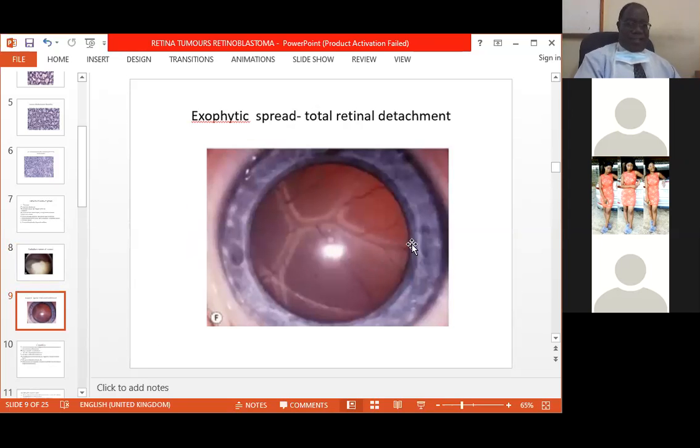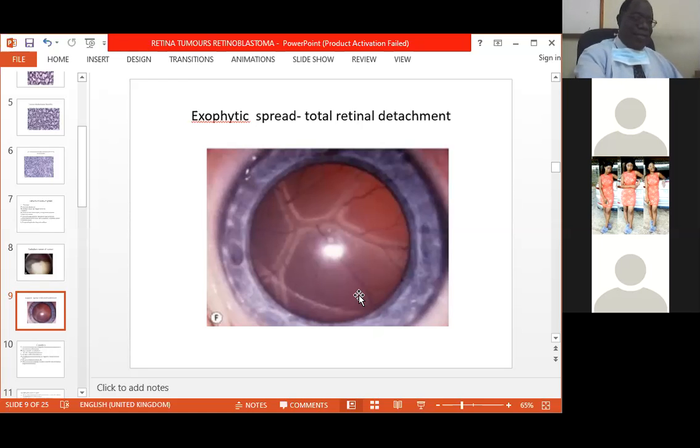This is a dilated pupil with detached retina. You can see the retina, it's like a thin layer. It's because there is fluid below that layer. There is fluid, it's detached. If it's not detached, you will not see that fluid clear area.